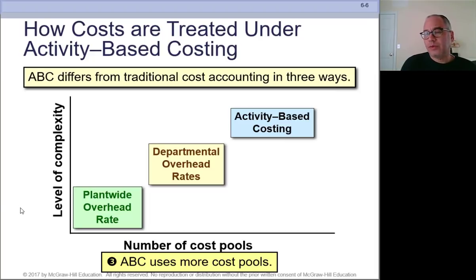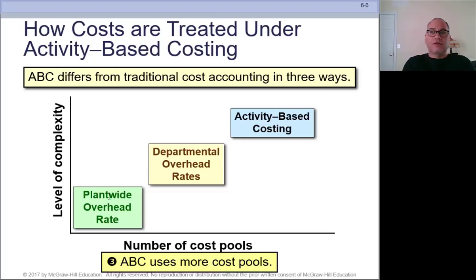The real difference between ABC and what we've been doing up until now is that we've had a single overhead rate. If you remember, that was the predetermined manufacturing overhead rate, the total overhead costs divided by some kind of activity base. What activity-based costing does is it establishes several different pools of overhead.